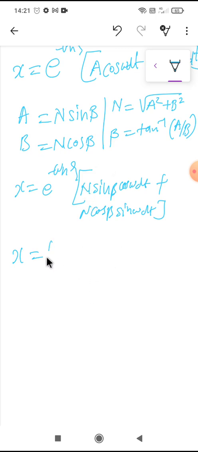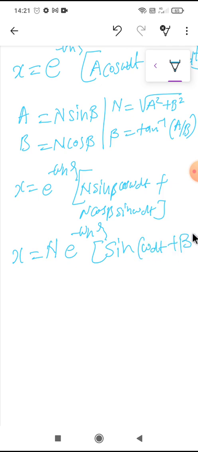Here n will come outside, so minus omega n zeta, and this is sin alpha cos beta plus cos alpha sin beta, that is the formula. So the solution will be sin of alpha plus beta, where this is alpha and this is beta. So this is our solution.